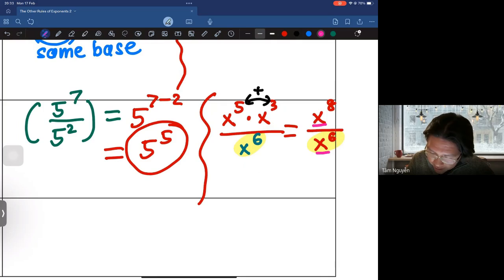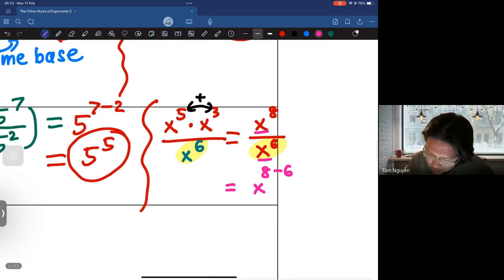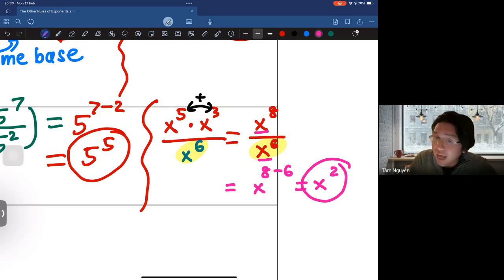We have x and x, the same base, right? And because we are dividing, we subtract the exponents, which gives us the answer x squared. That's how you're going to handle them.